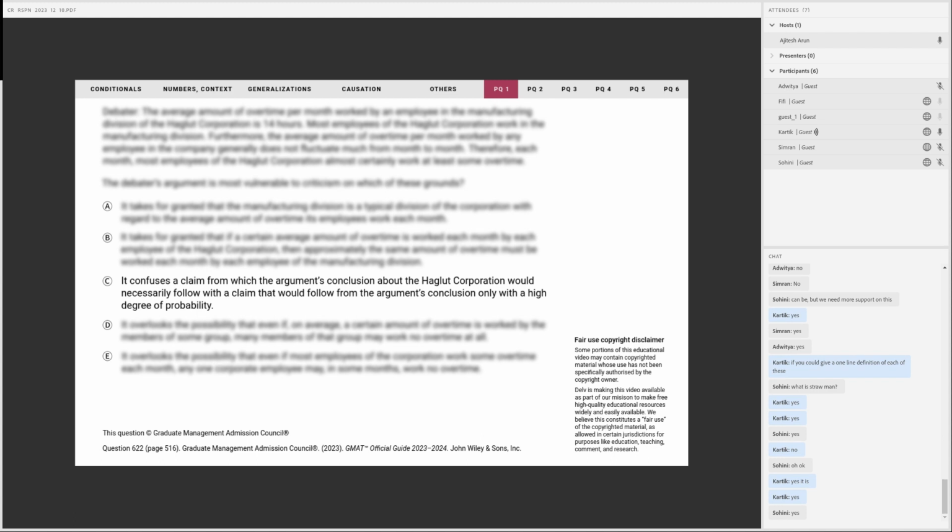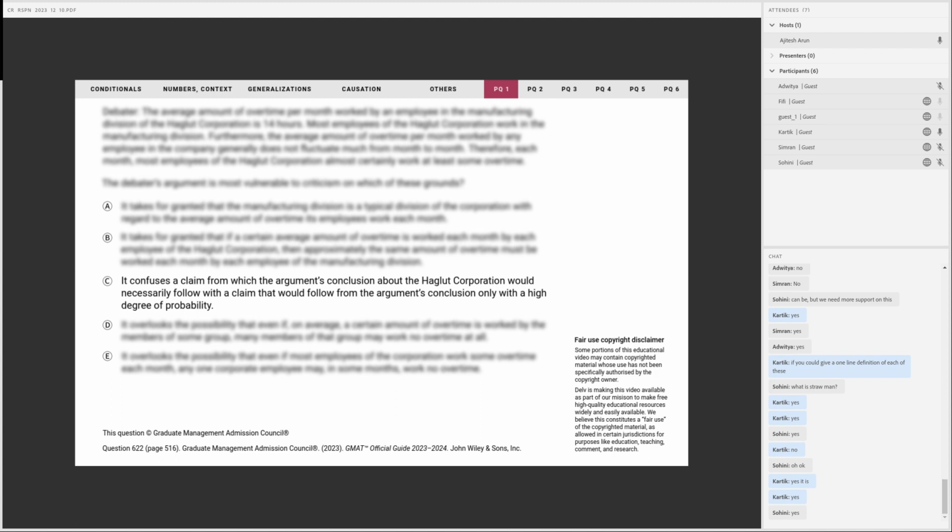So there is a claim which has to follow always, and another claim which will only follow if there is a high degree of probability. Right. We'll just change the first one slightly.